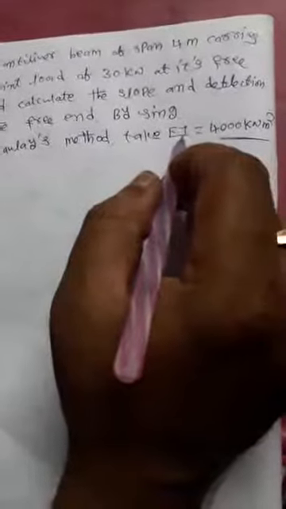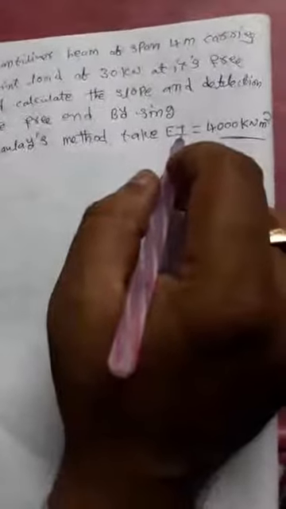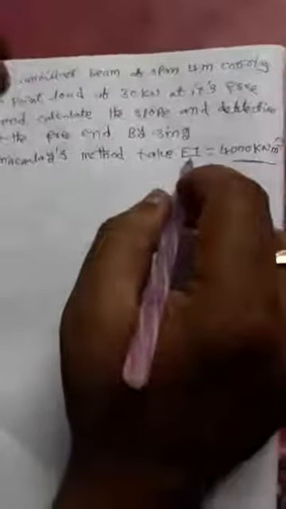Why? Because in the problem E and I are not given separately; here we are given the product of Young's modulus and moment of inertia, 4000 kilonewton meter square. So no conversion is required.